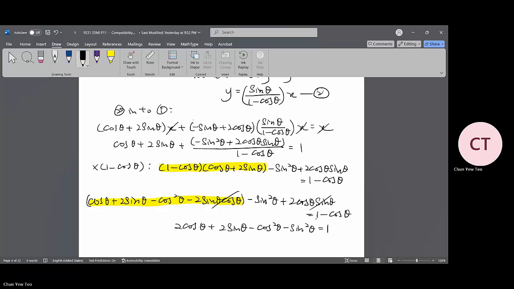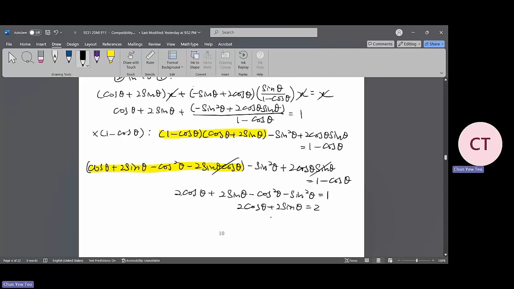Then you know that this is a negative 1. So over here, we will get 2 cos theta plus 2 sine theta is equal to 2. And then cos theta plus sine theta is equal to 1.